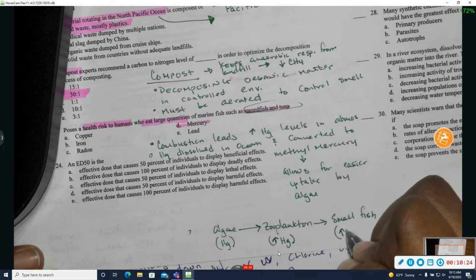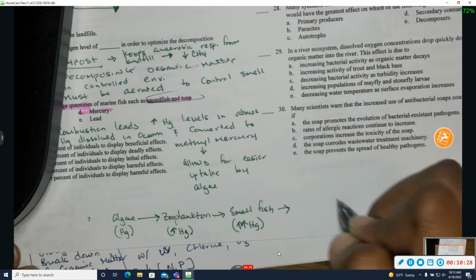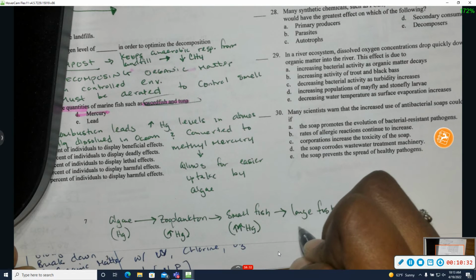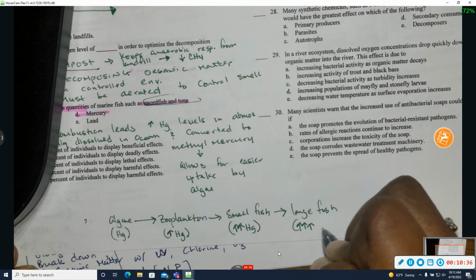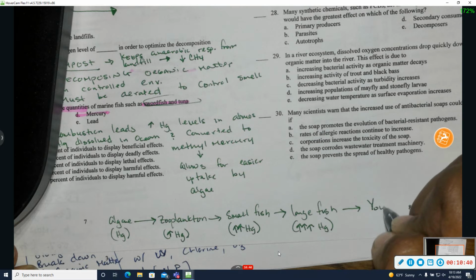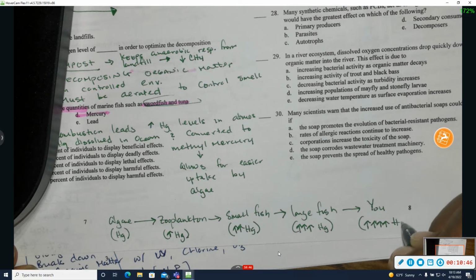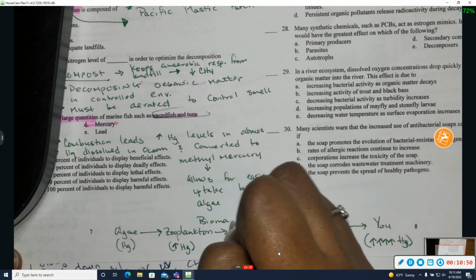So even more mercury, which is then eaten by the larger fish. So even more mercury, which is then eaten by you. And you get the most of that mercury, because that's how biomagnification works.